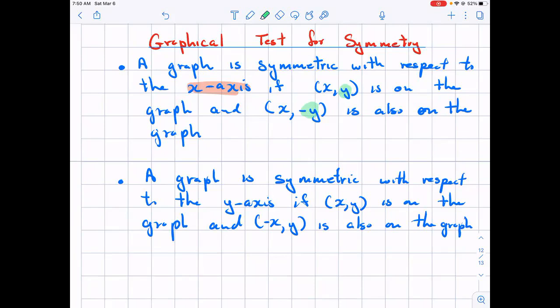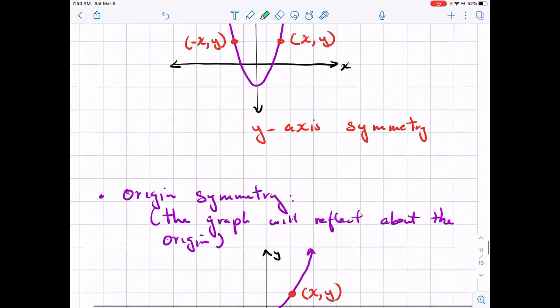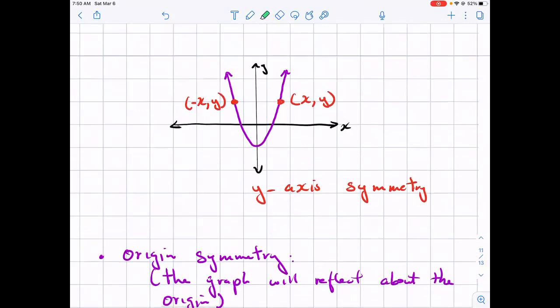So notice here that the x value now changed, okay? And same thing for the picture. On the picture, x and minus x. So we've seen that, right?